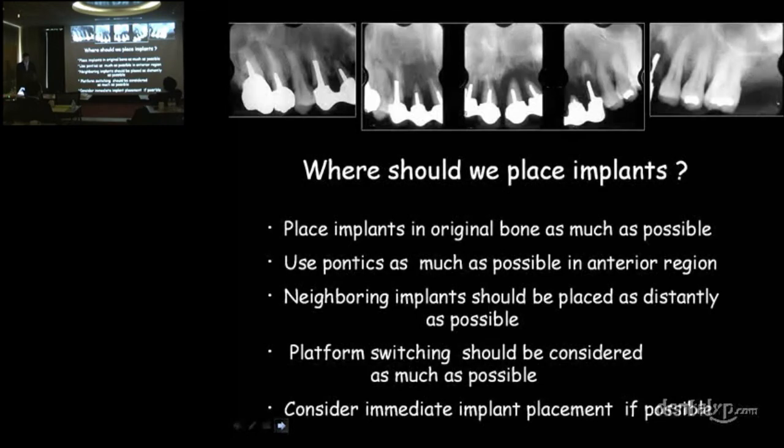If I place an implant at the number 9 position, I could alternate pontic and implants across the whole defect area. Yet, considering the size of the defect, I felt it was more important to place implants in the more stable original bone than to avoid placing neighboring implants. So, I planned the case like this.